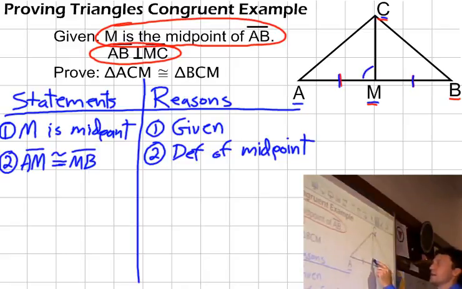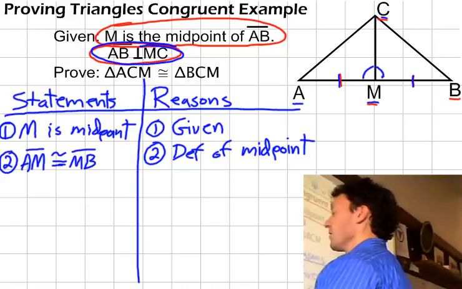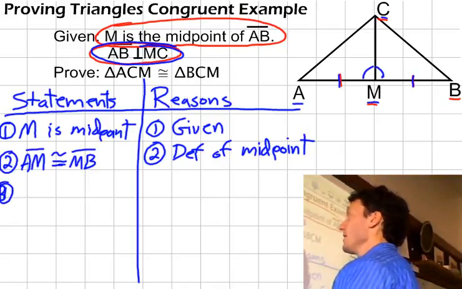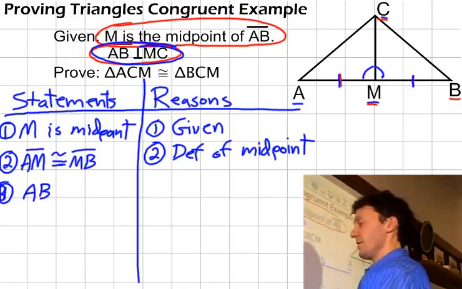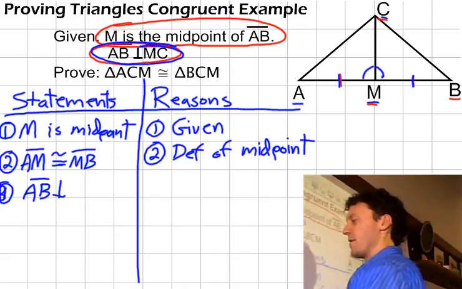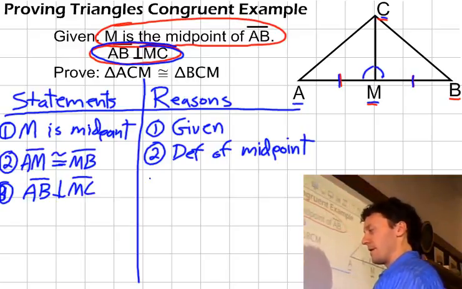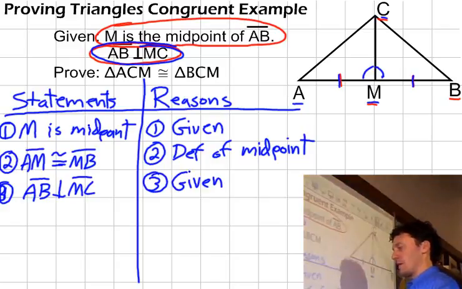Now let's talk about these angles. I want to show that those angles are congruent to each other, and we can use our perpendicular lines. So for my third step, I'm just going to state that. It's given information again. If you already stated this in the first line, that's fine. But AB is perpendicular to MC. That's given. Okay.